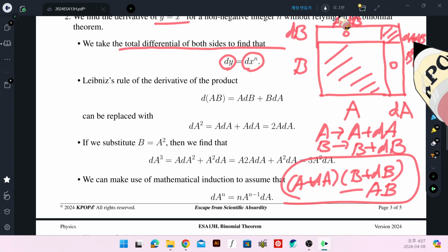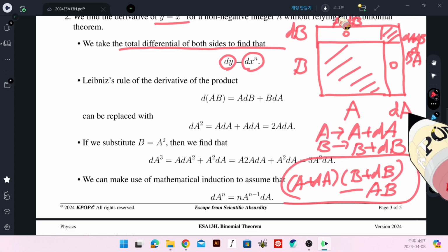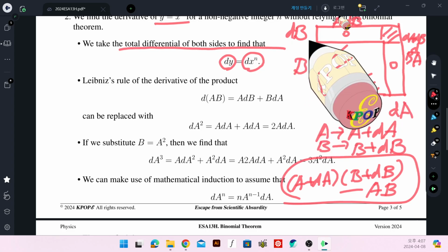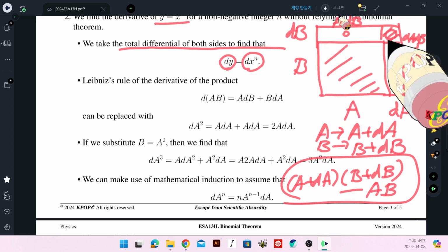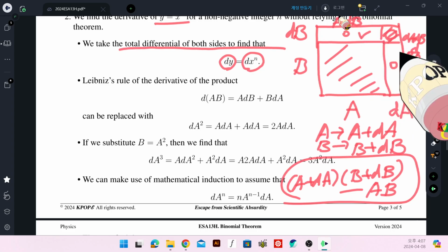If we assume that A and B are finite and dA and dB are infinitesimally small, then this contribution is vanishingly small in comparison with either this or that.